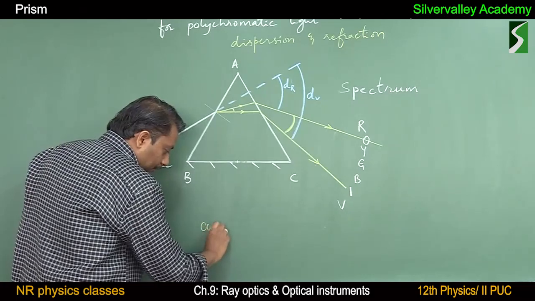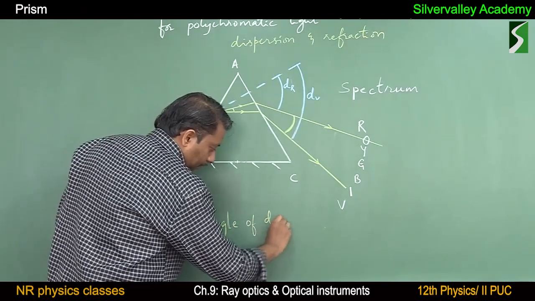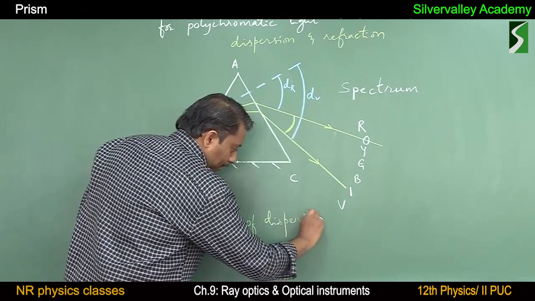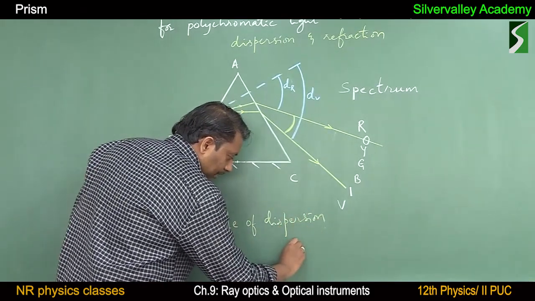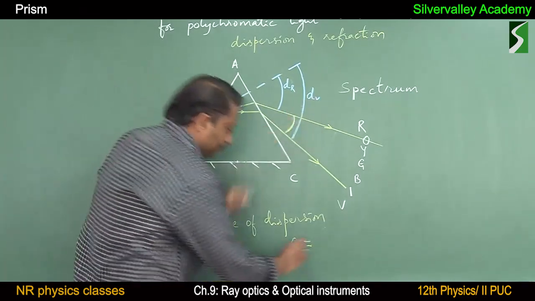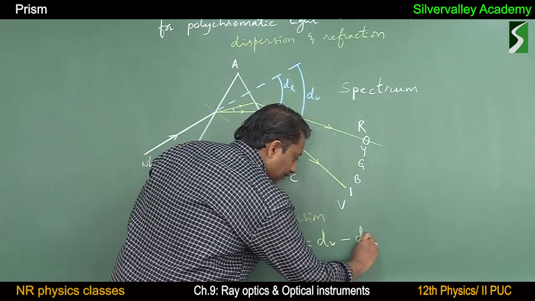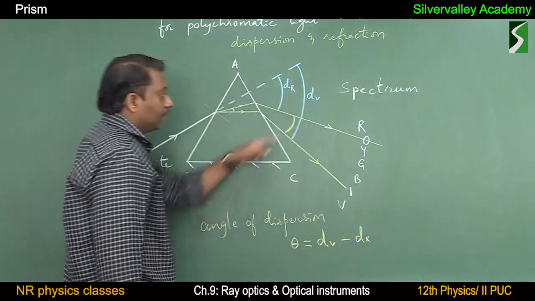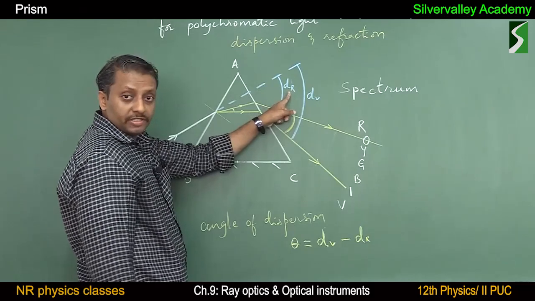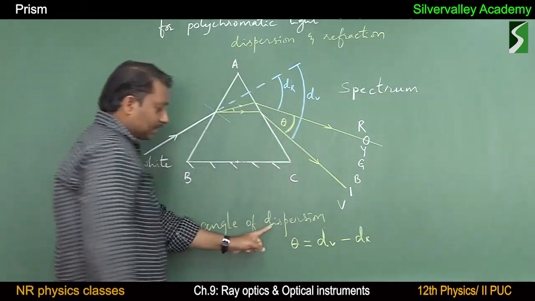So angle of dispersion. Angle of dispersion theta equal to deviation for violet minus deviation for red. Deviation for violet minus deviation for red. This is theta. This theta is this angle of dispersion.